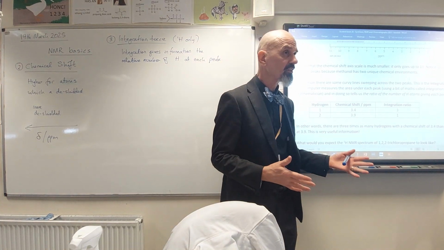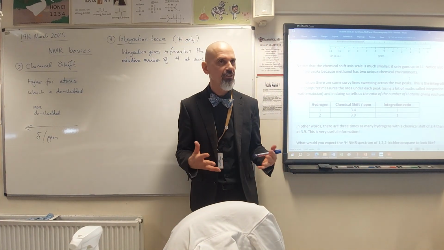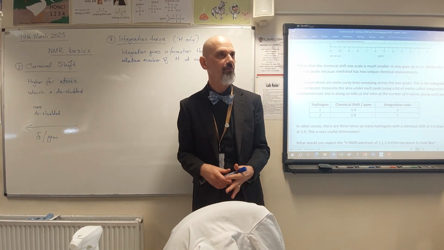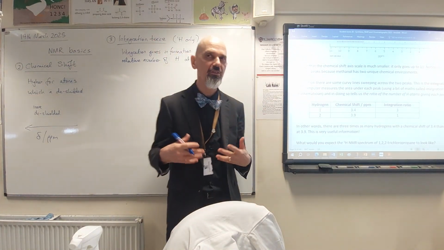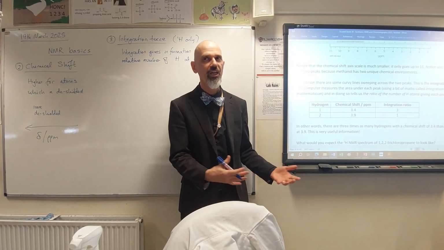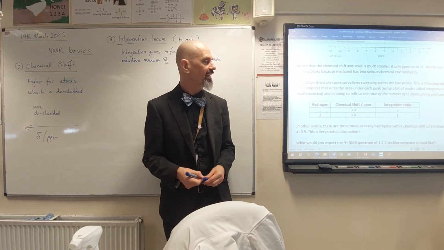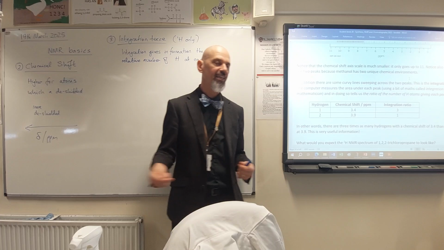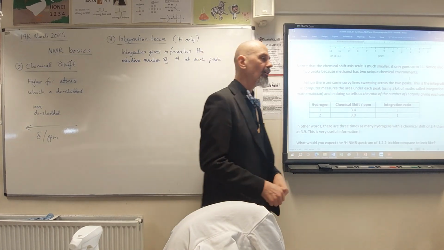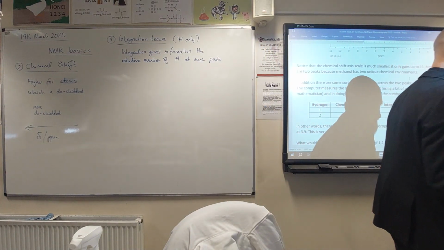The ratio is 1 to 3. That might mean that the protons are like 2 to 6 in the molecule. Okay, so be a little bit careful with that. It's giving you the simplest whole number ratio. The computer doesn't have any way of working out the actual number of protons giving rise to a peak. All it can tell you is the ratio of integration traces for each peak.